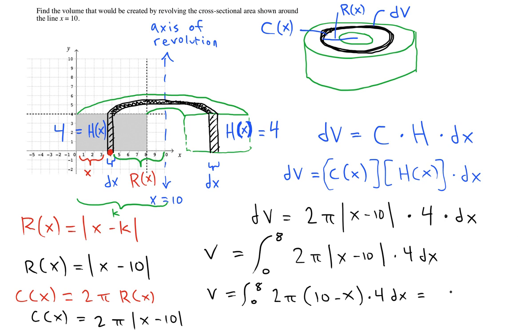All right, this is going to give us 80 pi minus 8 pi x dx.